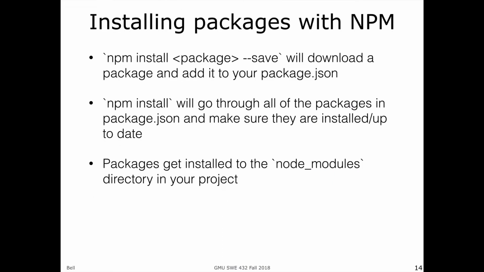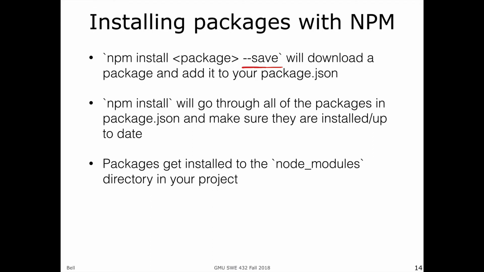How do we tell NPM that we would like to install a package? Well, we're going to use this command line tool, npm. To install something, we say install. We specify the name of the package, and then this is kind of important, using this --save.